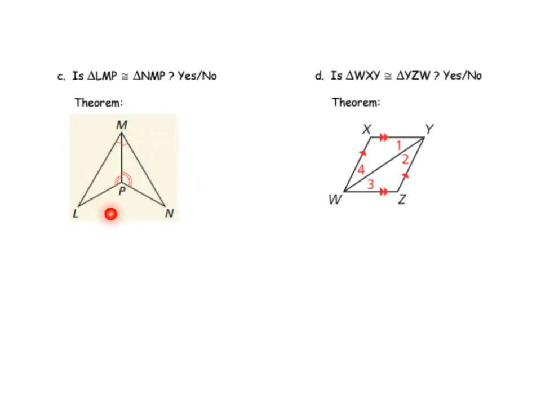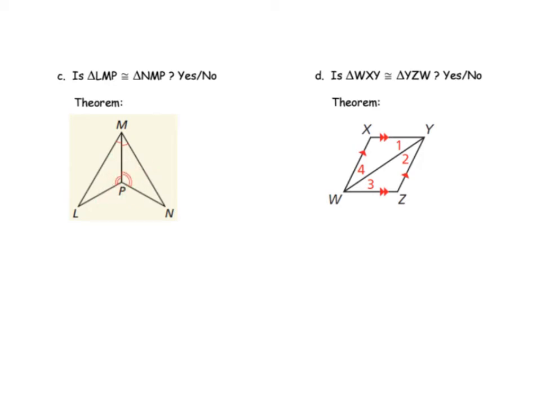All right, well, I see that we have these. Now, you may think that these are marked funny, but the reason why they mark it like that is so that we see that these two angles are still marked the same way. They're both using two curves. So they're telling us that this angle LPM is actually congruent to angle NPM, okay? But if they had matched the lines, it would look really super confusing.